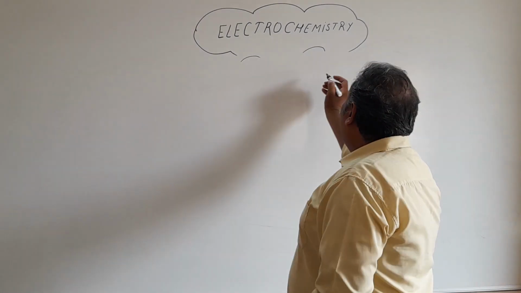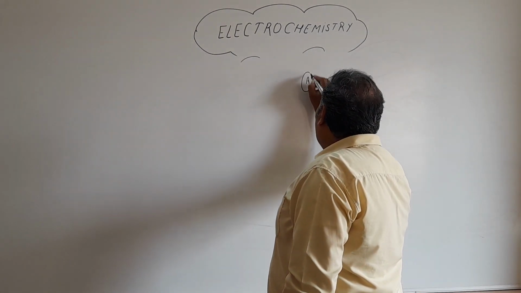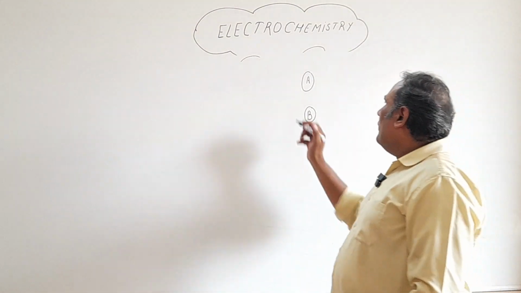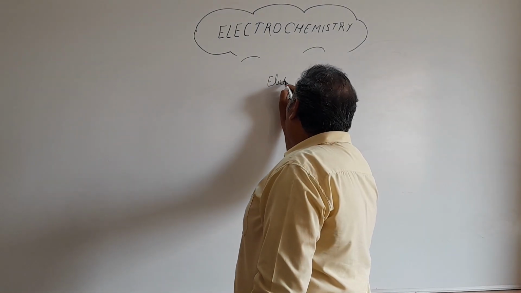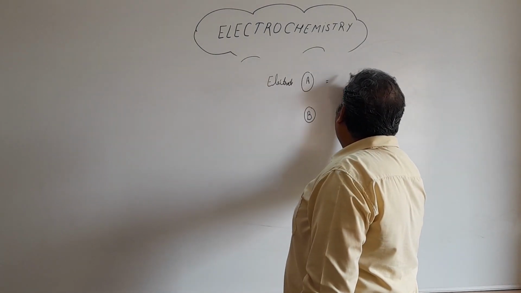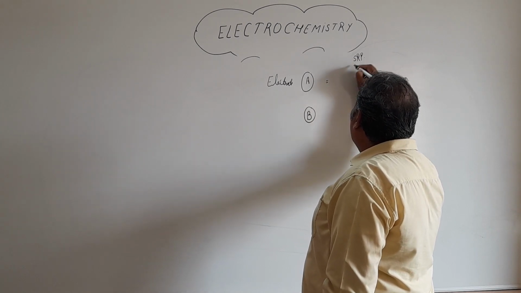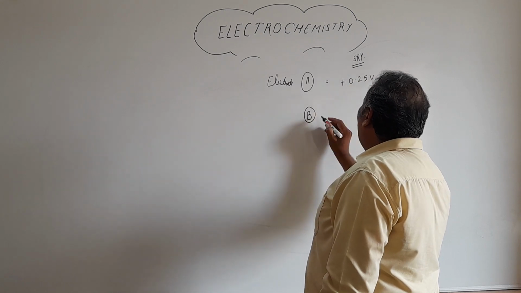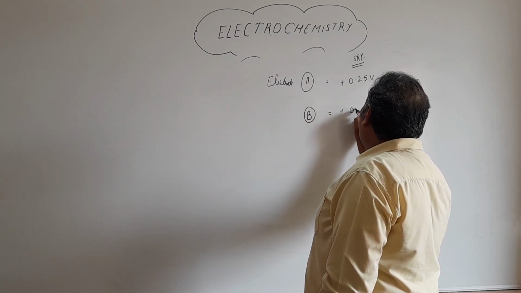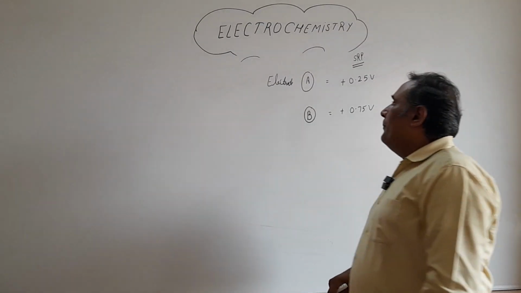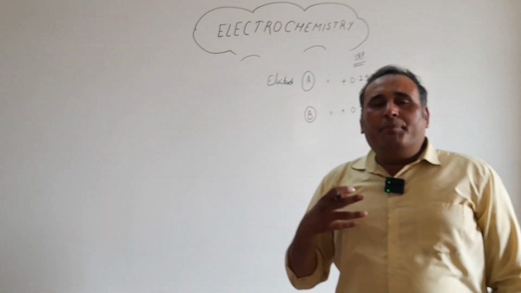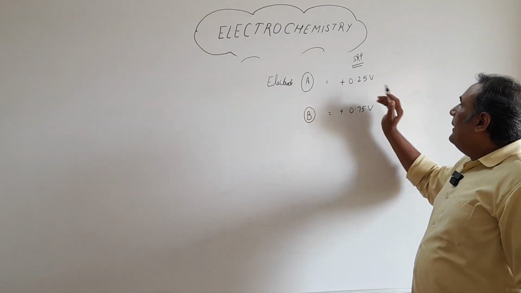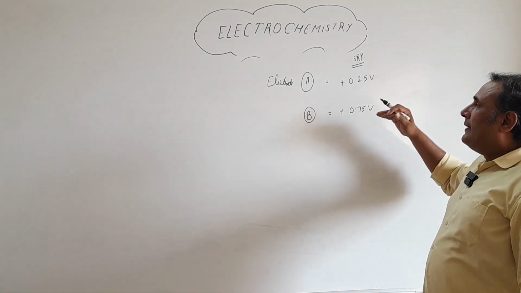If there are two electrodes, first electrode A and second electrode B, where A has SRP plus 0.25 volt and B has SRP plus 0.75 volt, and we connect both electrodes to form a galvanic cell, then obviously electron will move from low SRP to high SRP.